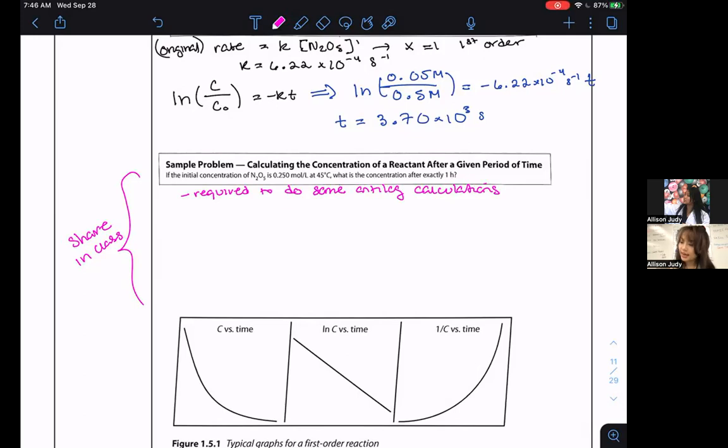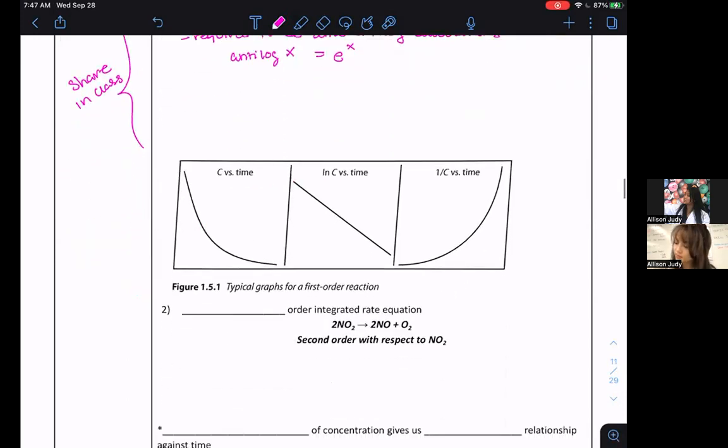And don't forget that the anti-log of some number is like saying e to that number. So go ahead and try this and we'll share it in class. Let me continue on. You're welcome to pause me, but you still have more to go through, and you'll see why we love first order.